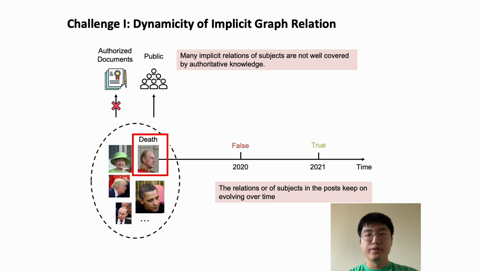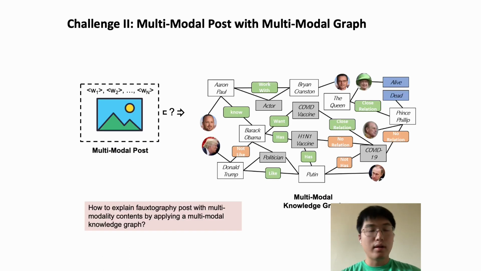That's also a challenge. We know that a Fauxtography post is multimodal, but the knowledge graph could also be multimodal because the knowledge graph can contain the human-related entities and also the human faces or human-related images. So how to collaboratively merge these two multimodal sources of information to identify and explain the inside Fauxtography content is also a challenge.